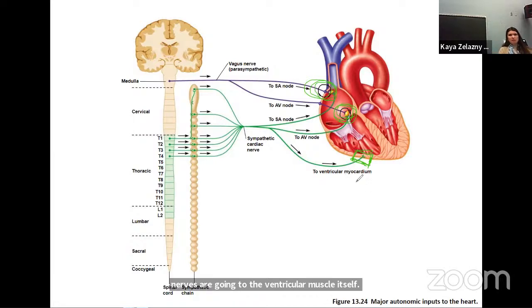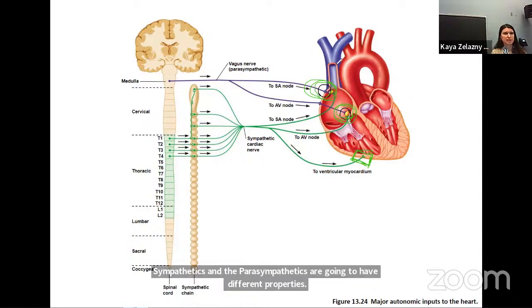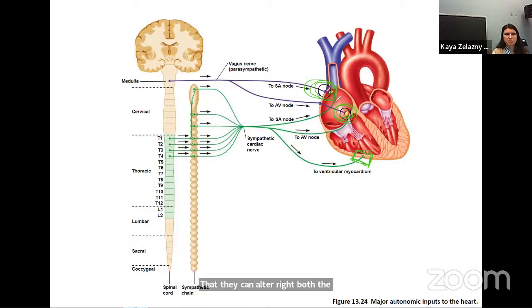So I'm telling you that now because this means that the sympathetics and the parasympathetics are going to have different properties that they can alter, right? Both the sympathetics and the parasympathetics are going to be able to change the heart rate, right? Because they're changing the beats by changing these nodes.